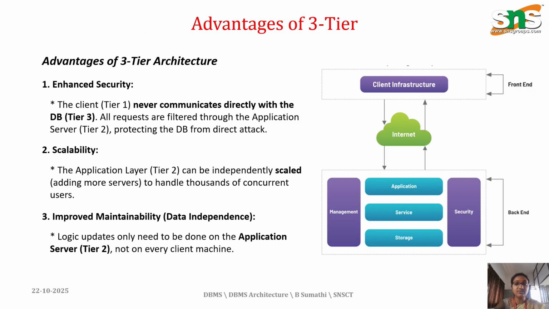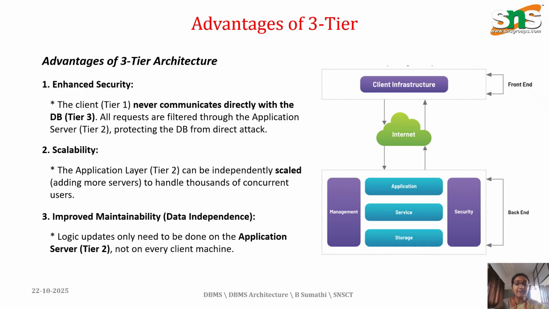The advantages of three-tier architecture are, first, enhanced security. The client, that is tier one, never communicates directly with the DB, that is tier three. All requests are filtered through an application server, tier two, protecting the DB from direct attacks.